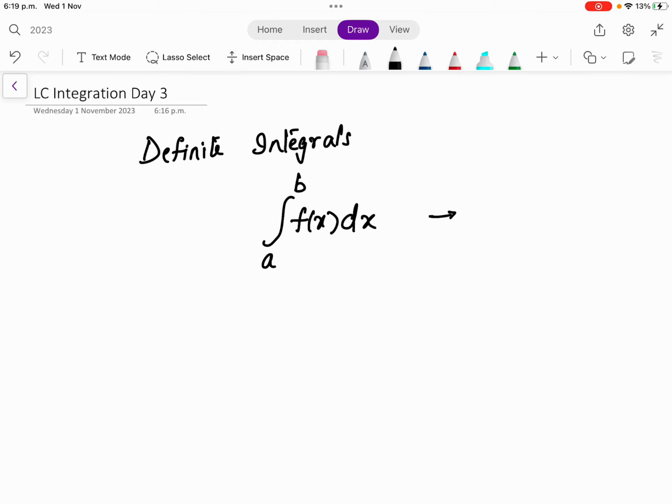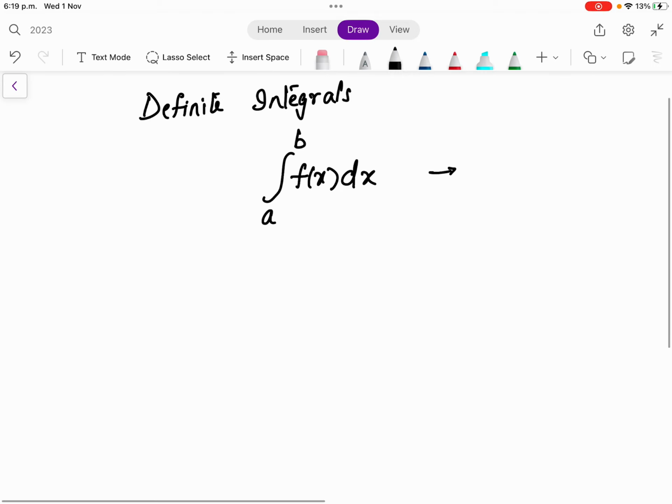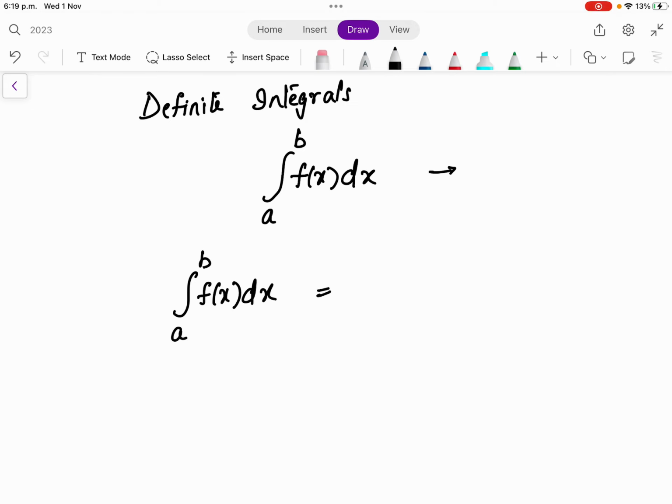Why we say so is, to find the value of this, you take the function f of x dx, and if it is between the limits a and b, you first integrate it. For example, if you integrate f of x, you get y of x, or maybe another function g of x. Then you apply the limits a and b.